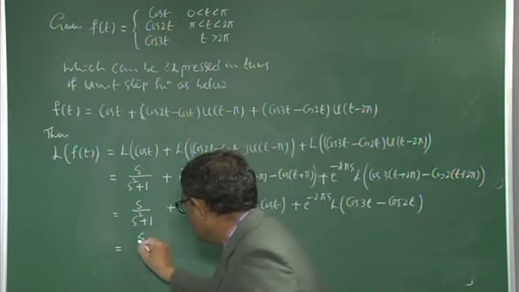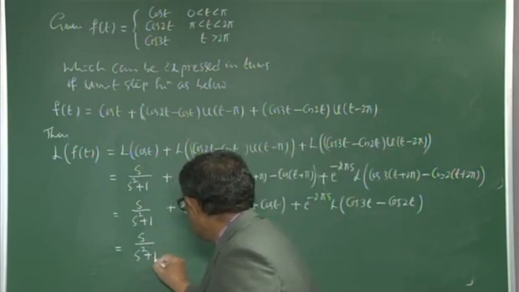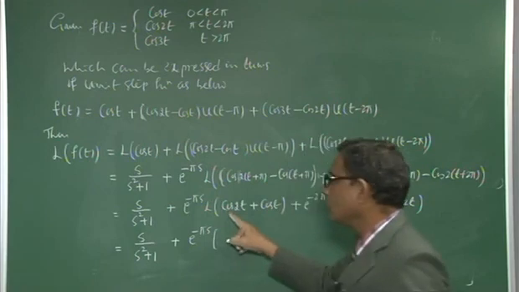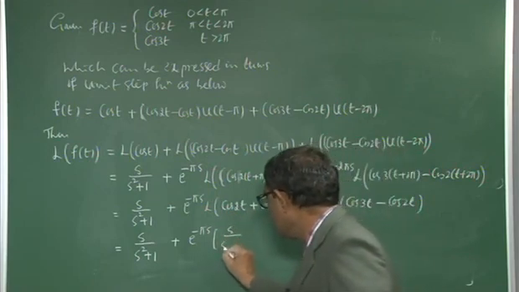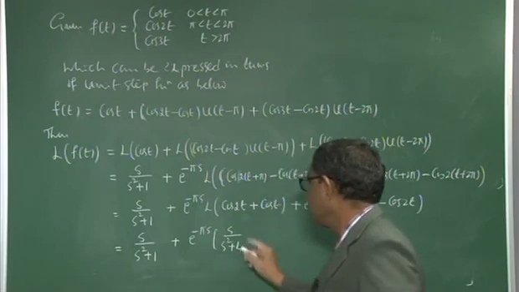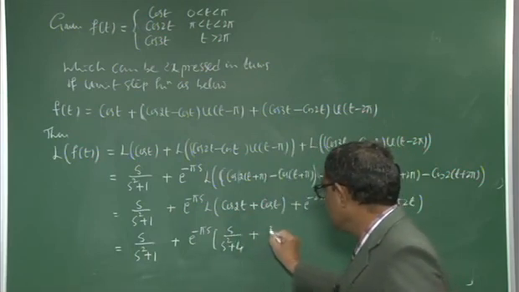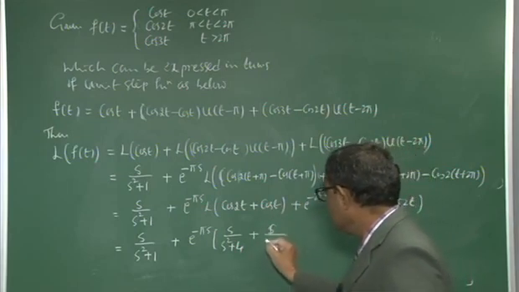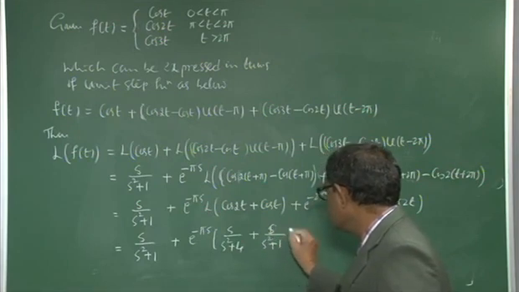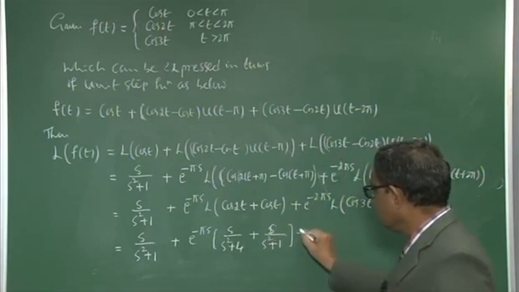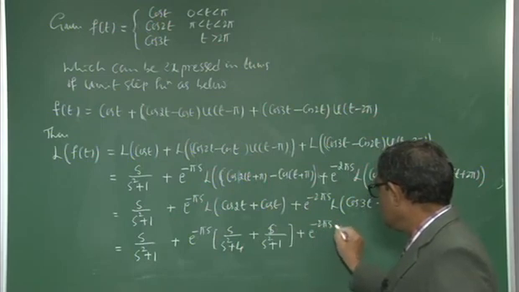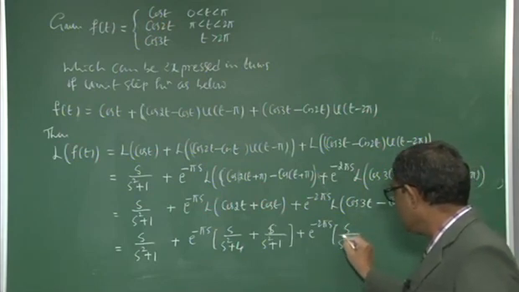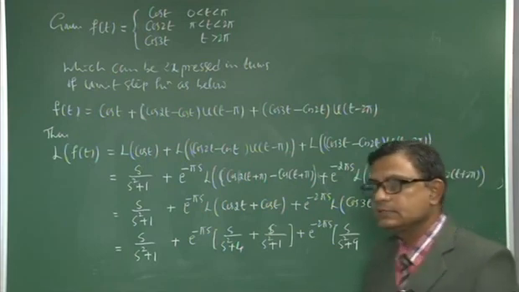What is s divided by s square plus 1, plus e raised to minus pi s into L of cos at, s divided by s square plus 2 square, 2 square is 4, plus 1 divided by L of cos at, s divided by s square plus 1 square, a is here 1, plus e raised to minus 2 pi s, L of cos at, a is here 3, s divided by s square plus 3 square, that is 9.